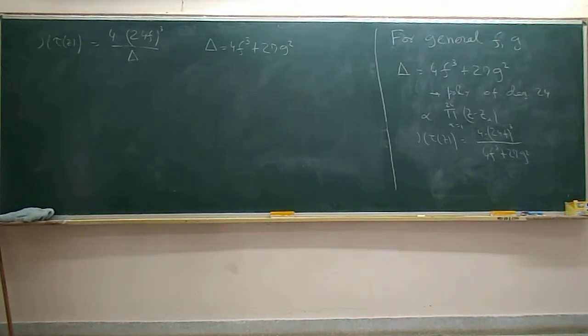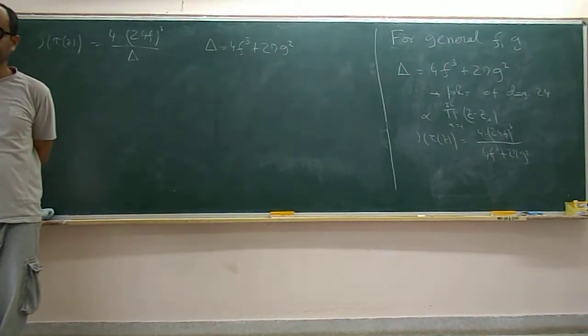Topologically it's like a sphere, but different points on the sphere are not equivalent here. Because J of tau equal to i infinity is clearly different from J of tau at some other value, because you are asking whether the coupling is weak or not. That's a physical question.